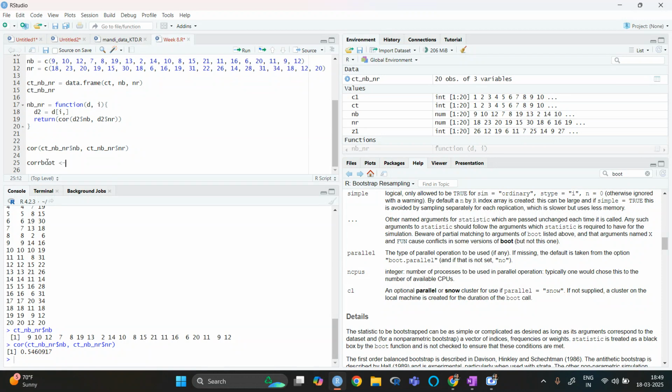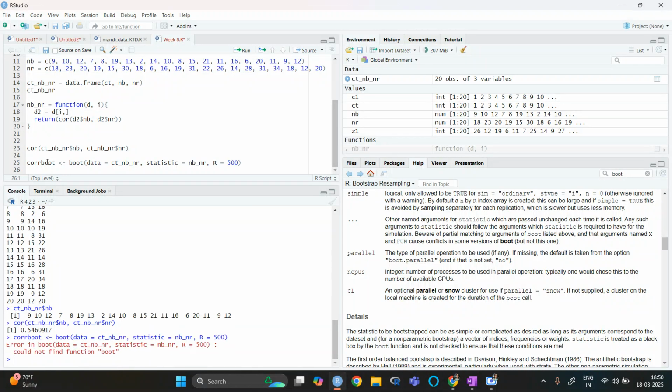I'm just writing the core boot because it is for correlation. So bootstrap: the data will be coming from this data, which is CT, NB, NR, and the statistic is NB and NR, with R equal to 500.